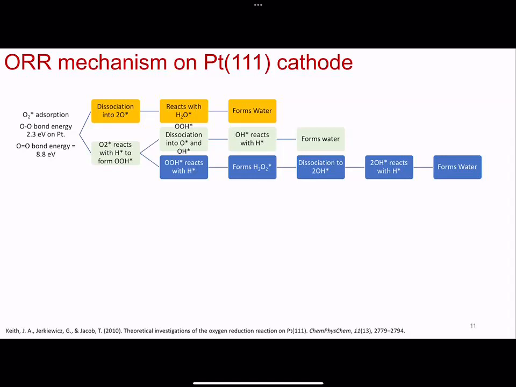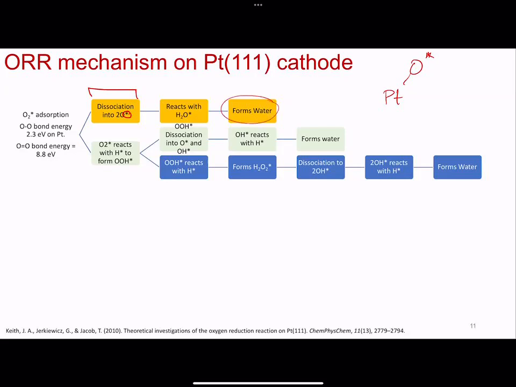So on a platinum 111 surface, what you see here is the O2 can come in, it can dissociate into two oxygens. So the adsorbate is denoted with an asterisk. That means, on platinum, there's an oxygen. So that oxygen now has an asterisk on it. And then it can also adsorb H2O, and that forms water.